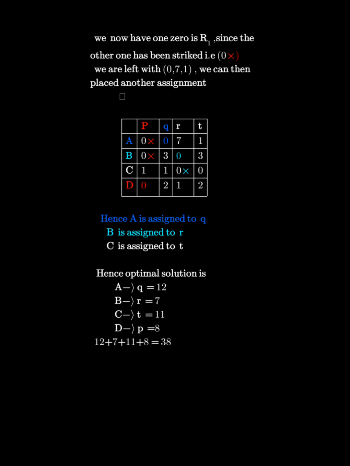So that is that for that question. Since every member of the group has been given each job, then you can say that the problem is feasible, or there is an optimal solution. Thank you.